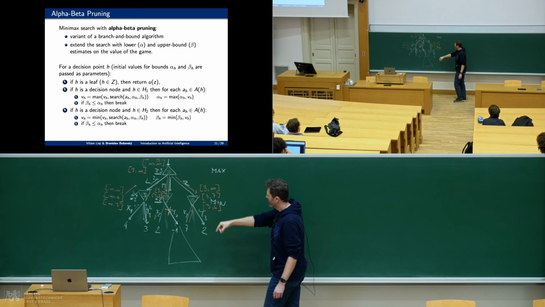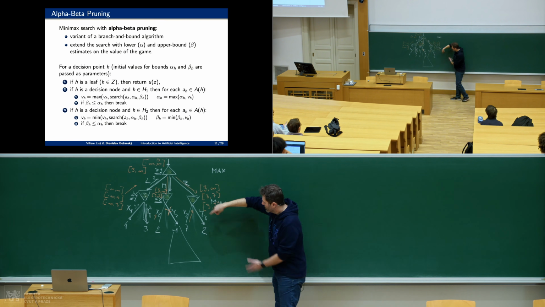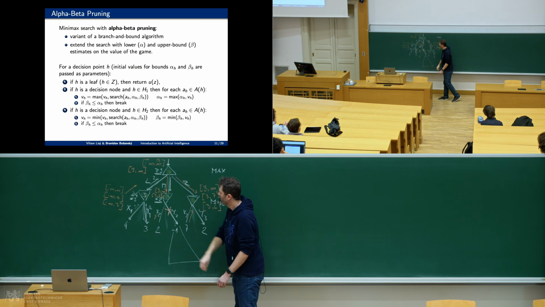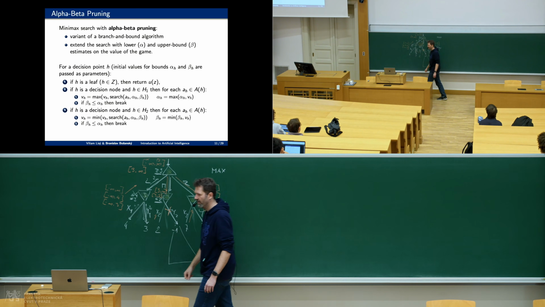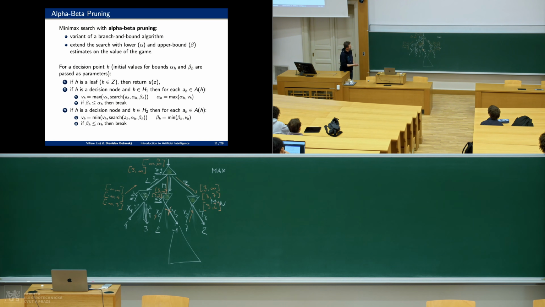And again, I can prune out. If there were some other actions, I don't have to search through them anymore, and I will propagate upwards the value 2. Any questions?